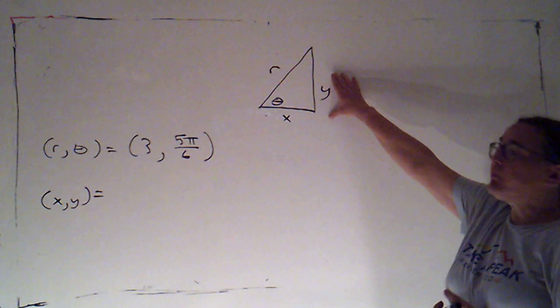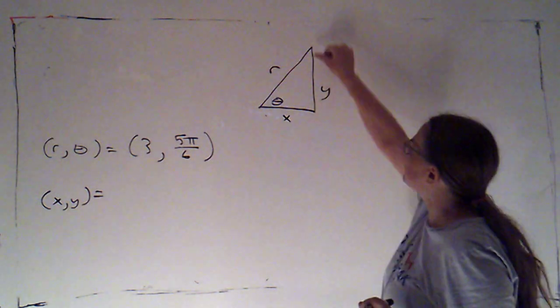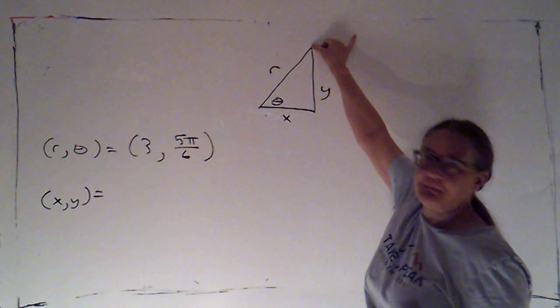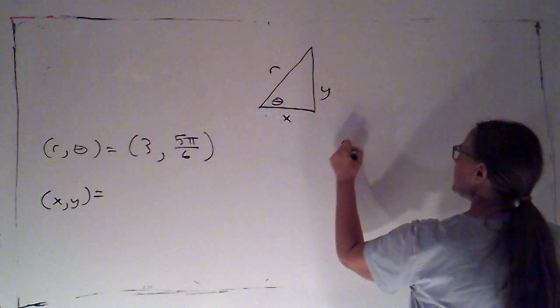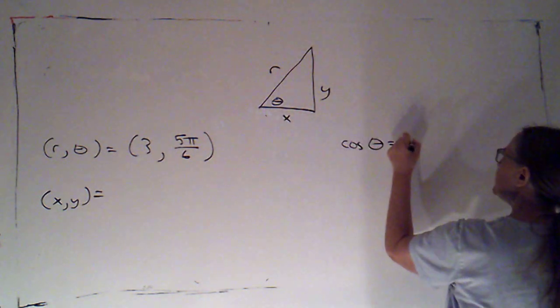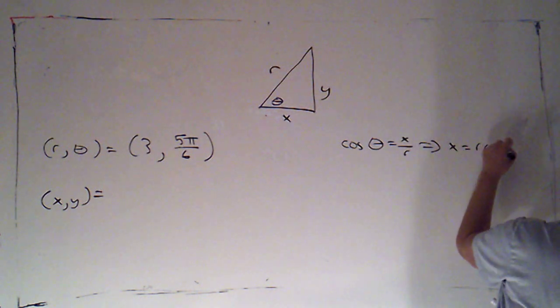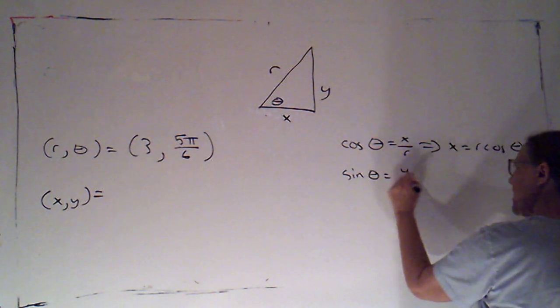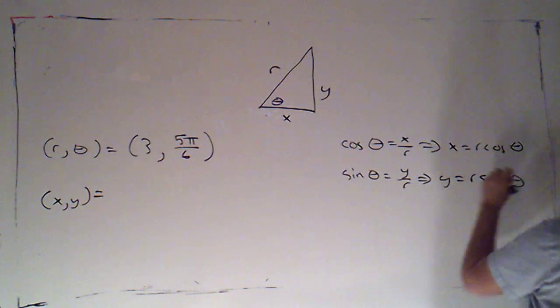This triangle would represent the simplest choice of polar coordinates for a point P up here in quadrant 1. And so if I look, I can see the relationship here is that cosine of theta is x over r, and that means that x is r cosine theta. And sine of theta is y over r, and that means that y is r sine theta.